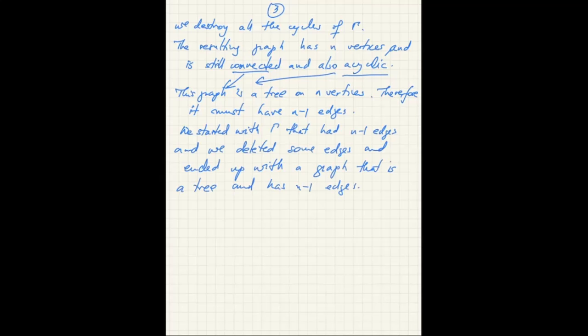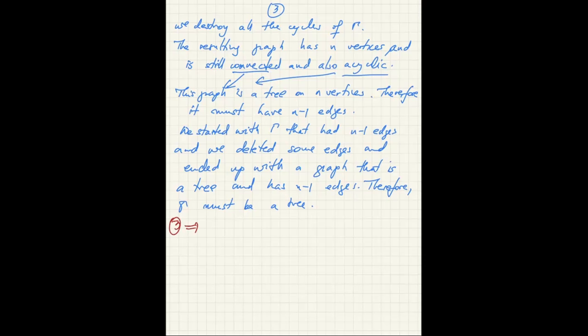So in the end, we didn't have to delete any edges. Therefore, gamma must be a tree. Okay, all right. So that's 2 implies 3.